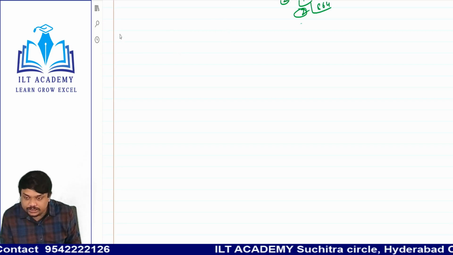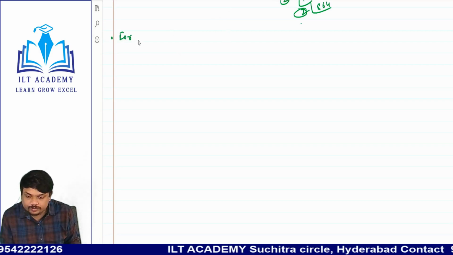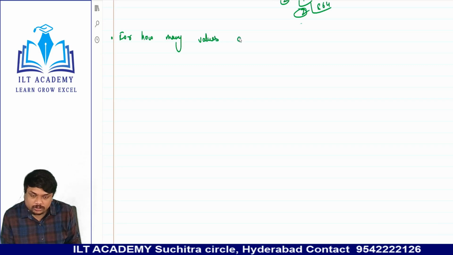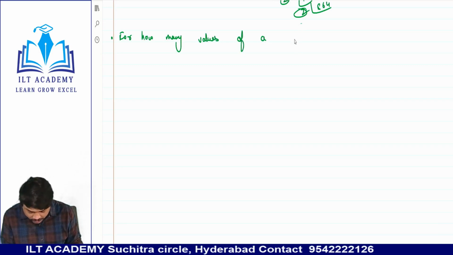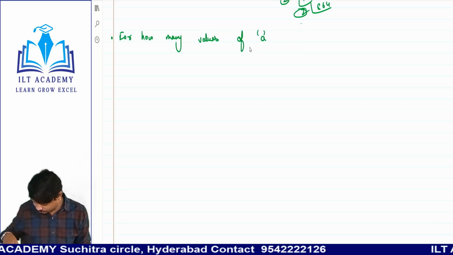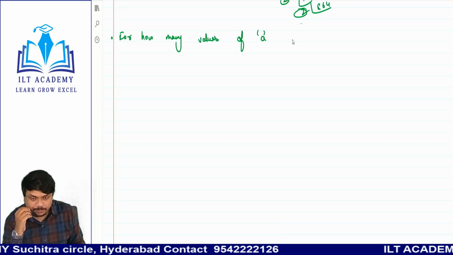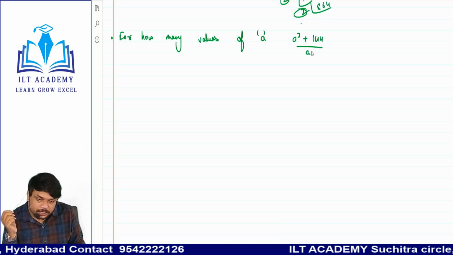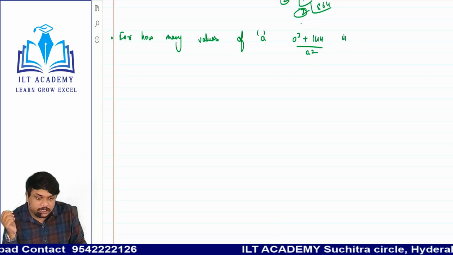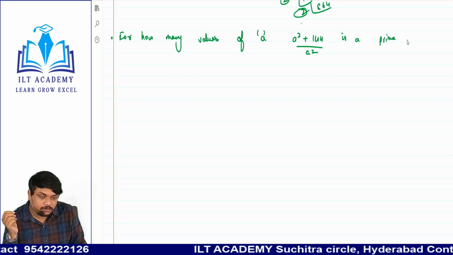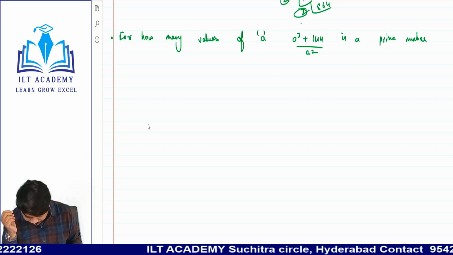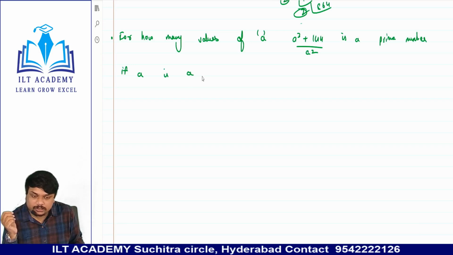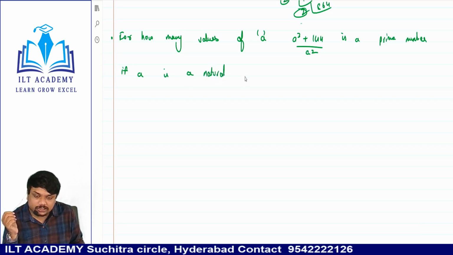For how many values of A, A cube plus 144 by A square is a prime number, if A is a natural number.